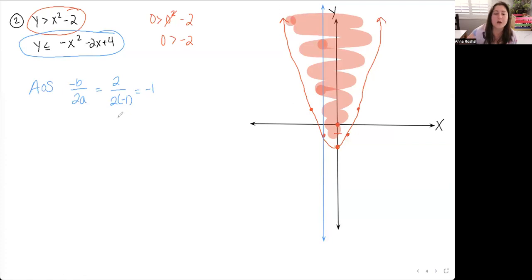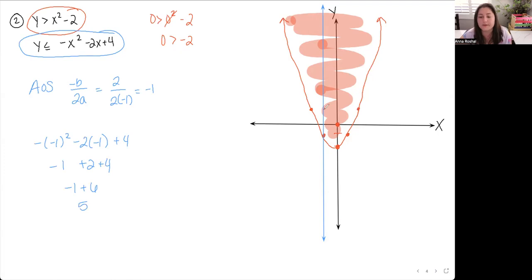Okay. And I'm going to go ahead and replace all my x's with negative 1. So I have negative 1 squared minus 2 times negative 1, which is plus 2, plus 4. So that gives me 5.